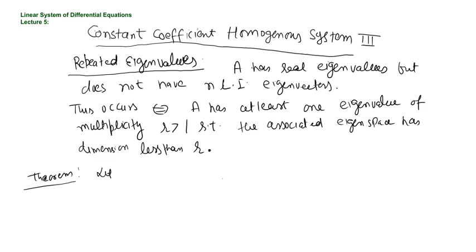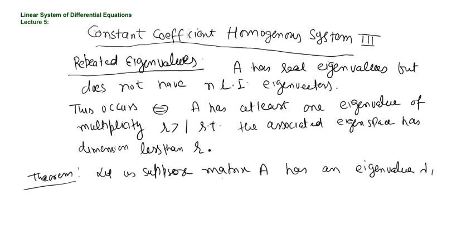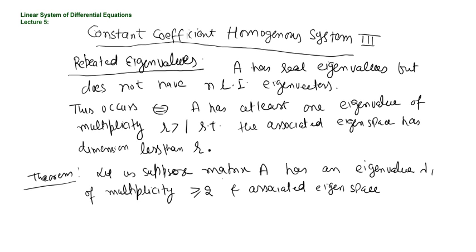Let us suppose matrix A has an eigenvalue, say lambda 1, of multiplicity greater than or equal to 2, and the associated eigenspace has dimension one.